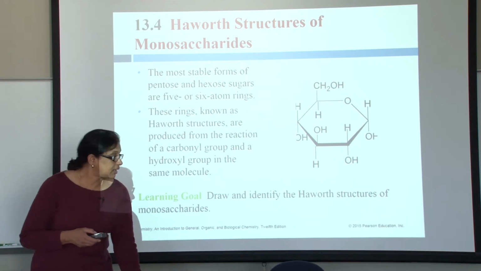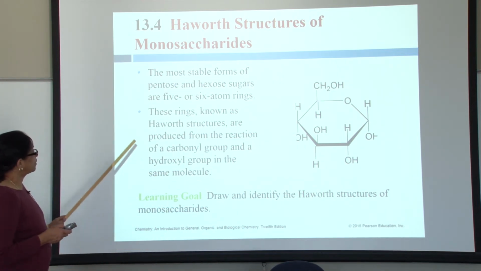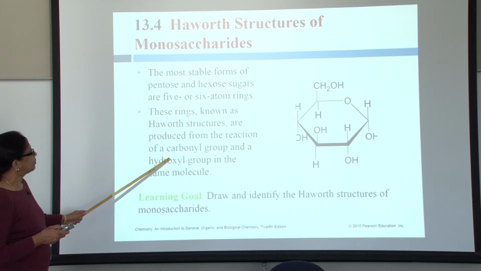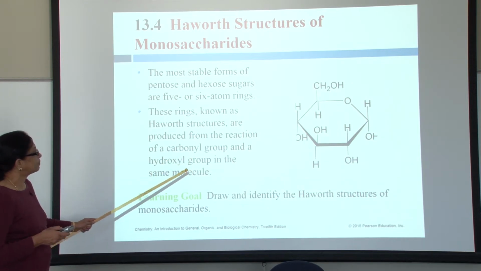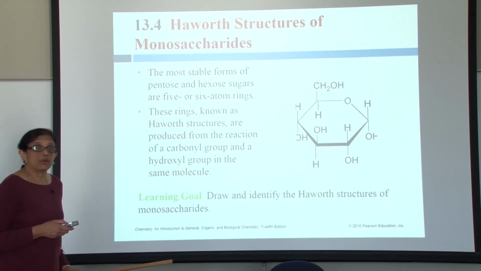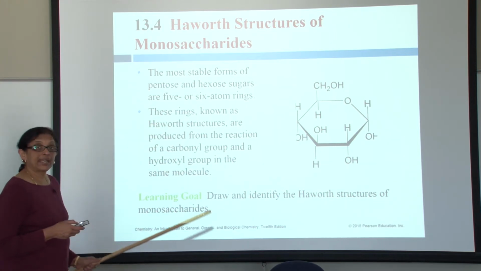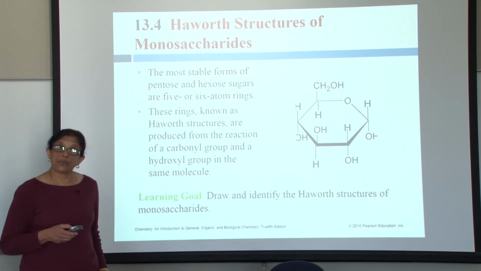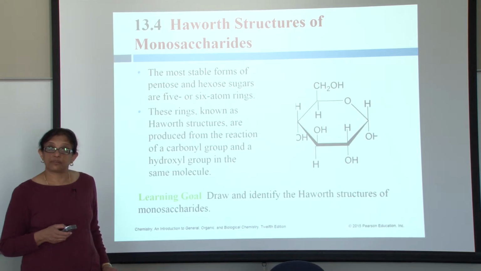These rings, known as Haworth structures, are produced from a reaction of the carbonyl group and a hydroxyl group in the same molecule. So these pentose and hexose sugars have 5 and 6 carbon atoms respectively.